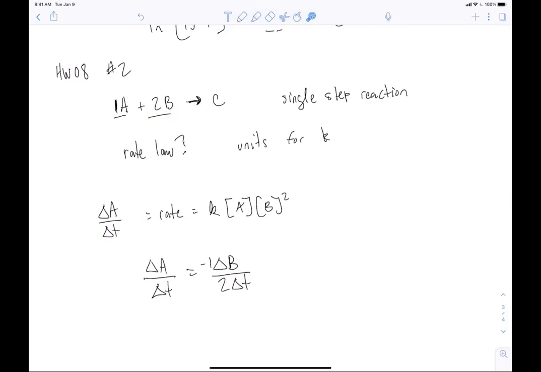Well, I think it's half the time, but you say 2 times delta t, right? Half the time. We could say 2 times the concentration of A over delta t. No, I think you had it right there. It takes half the time for B to lose the same amount as A. That's the right way to say it.